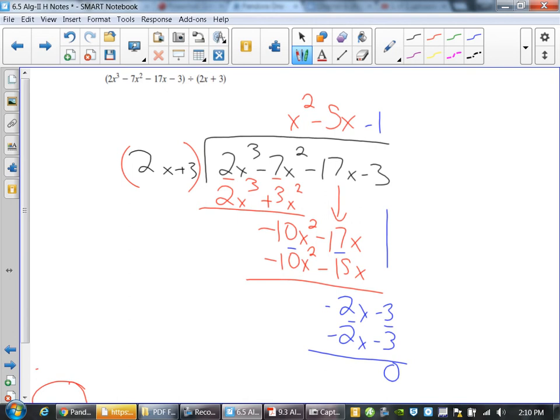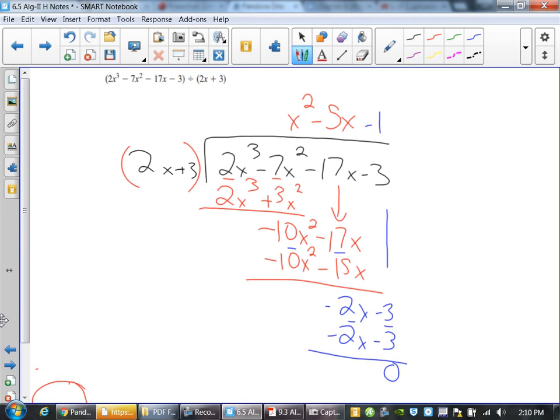Mr. Pope? On the first part, you did the 2x cubed plus 3x squared. You had the plus between the two terms, and then you subtracted that out, and then on the other one, you had... Take a look at what I was multiplying my top by. See how the first one I had multiplied by x squared? When I distributed the x squared, I got 2x cubed plus 3x squared. The next one I had to multiply by -5x, so I got -10x squared minus 15x.